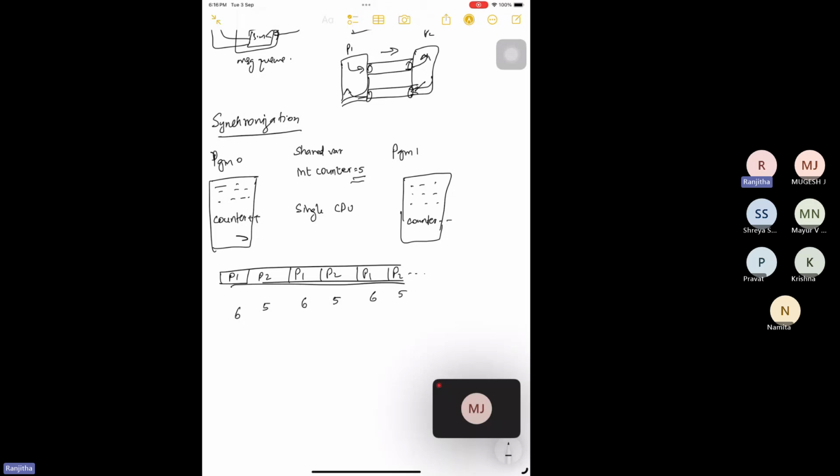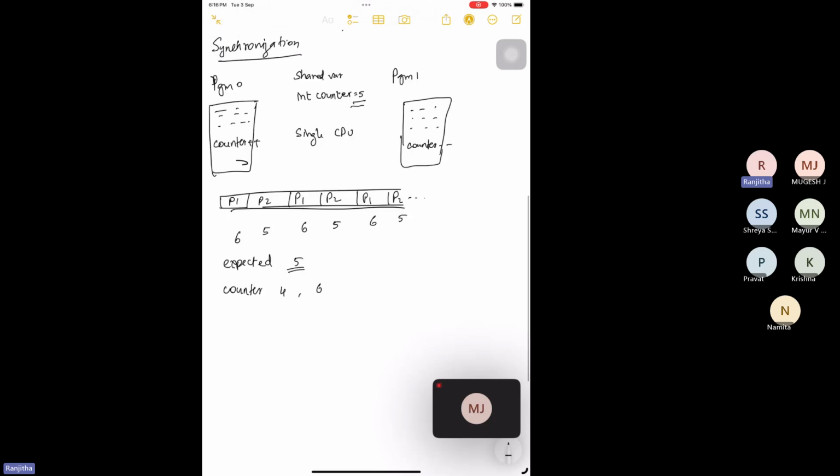So the expected value is 5. That is what ideally the value should be. But it is also possible that the counter can have value 4 and 6 also.